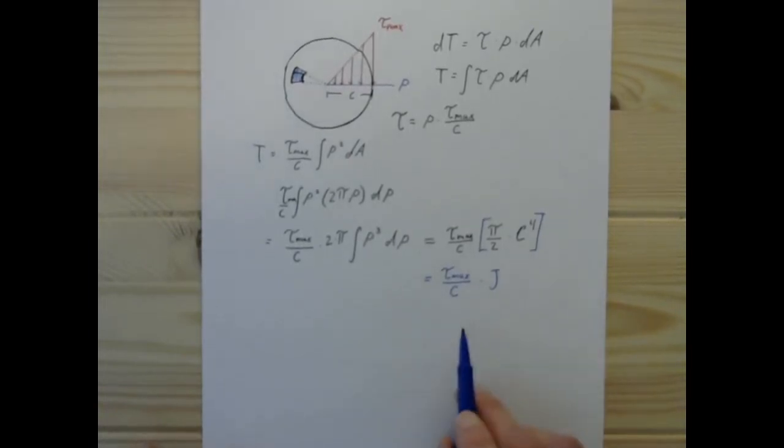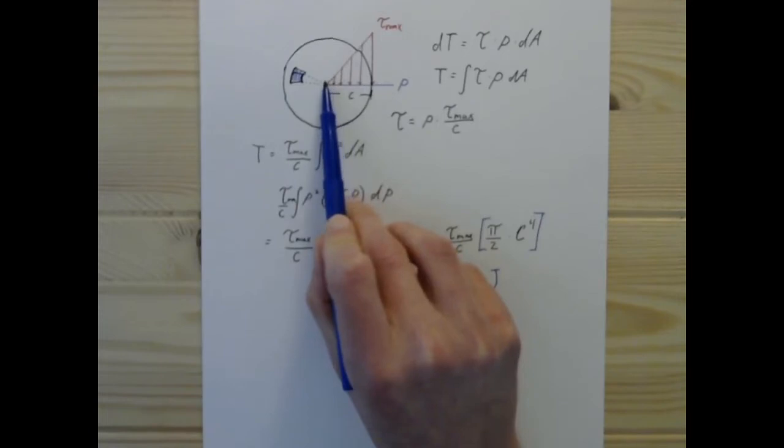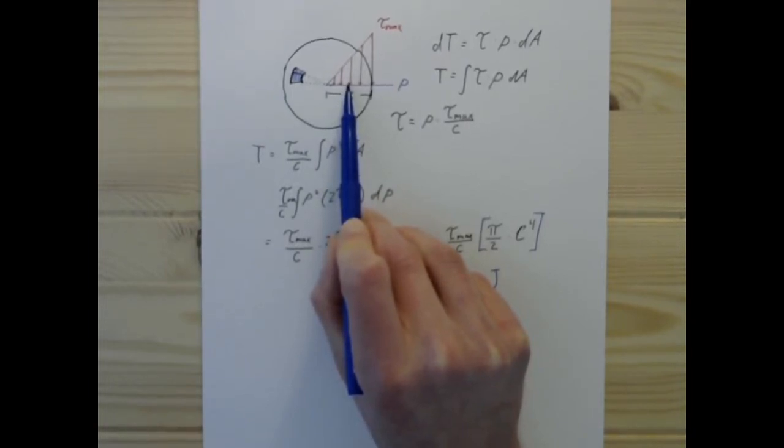All right, so let's think about the only other situation that we'll consider in this class right now, which is hollow cross sections. If we have that, what's going to happen? Well, that means that this center bit is not going to be present, but we're not going to start the shear stress at 0 out here.